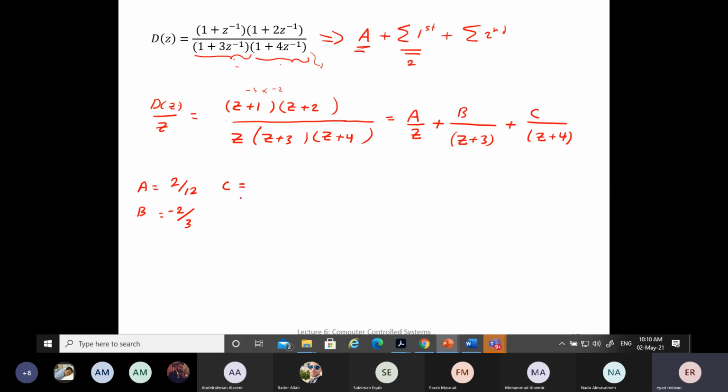So this is going to be 6 over minus 4 times minus 1, so it's going to be 6 over 4 again. Here minus 3 times minus 2, and here minus 4 times minus 1, so it's going to be 6 over 4. Yes, so I got now my A, B, C terms, so I can write now.